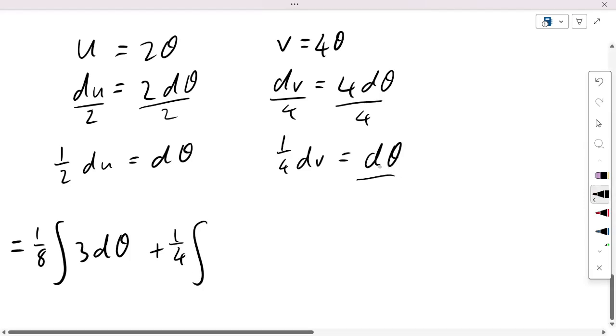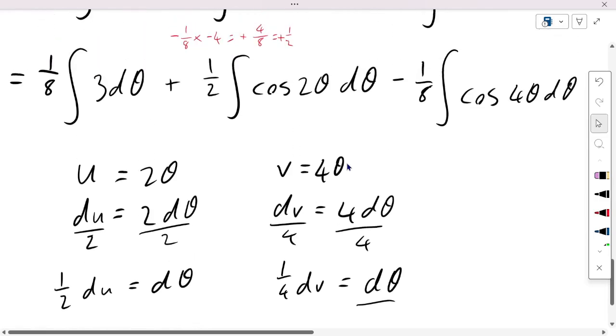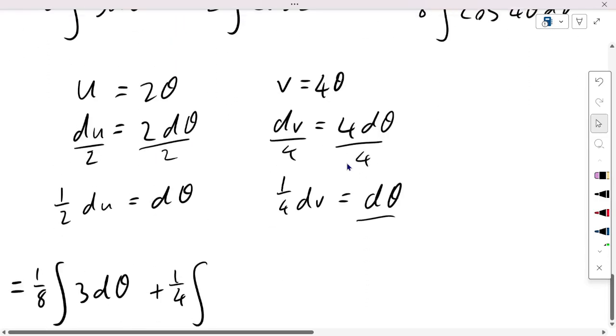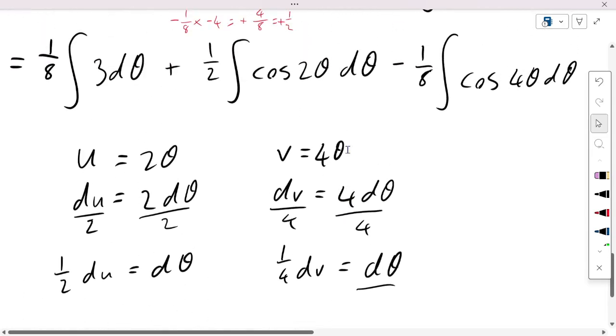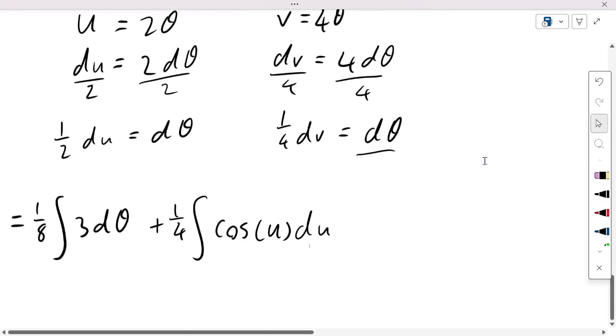And we remember over here, we assigned our new variable, 2 theta is equal to u. So therefore, it is cosine of u with respect to u. Like that. And now over here, what's our other one? We have minus 1 over 8 integral cosine 4 theta. We know that 4 theta is equal to v, and d theta is equal to 1 over 4 dv.